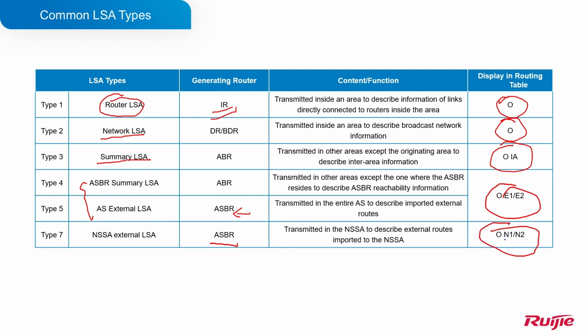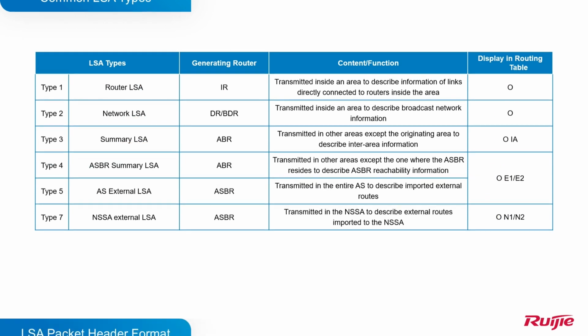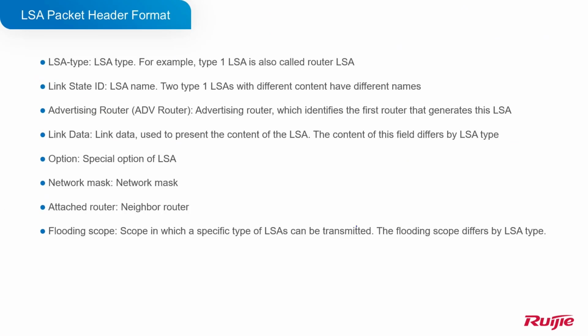And then we can see the routing entries. If we use the show ip route command, we can see the ON1 or ON2 marks in our routing tables. So this is the LSA types introduction. Okay, next. This page introduces the LSA packet header format.